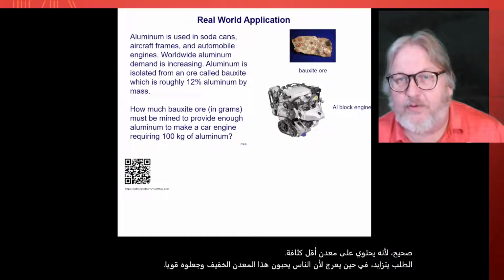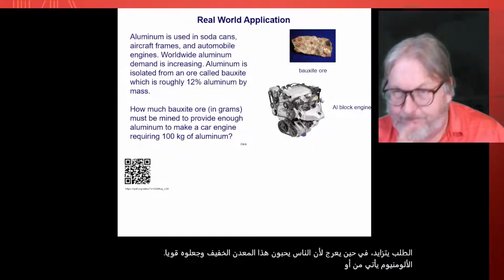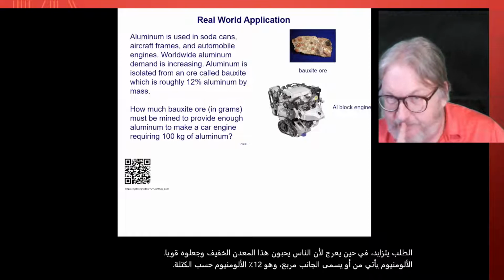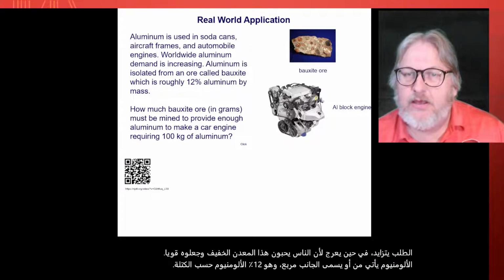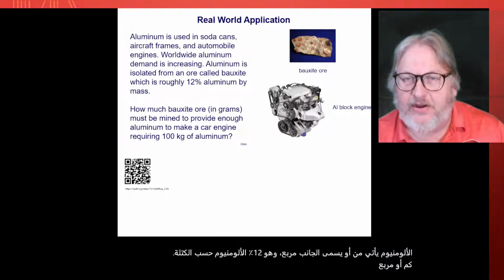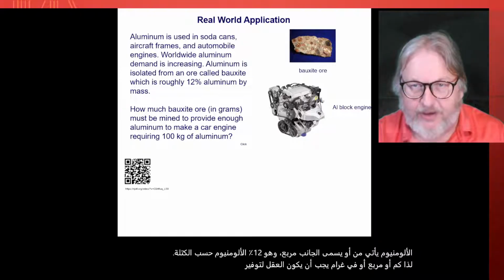Aluminum comes from an ore called bauxite, which is 12% aluminum by mass. So, how much bauxite ore, in grams, must be mined to provide enough aluminum to make a car engine requiring 100 kilograms of aluminum?